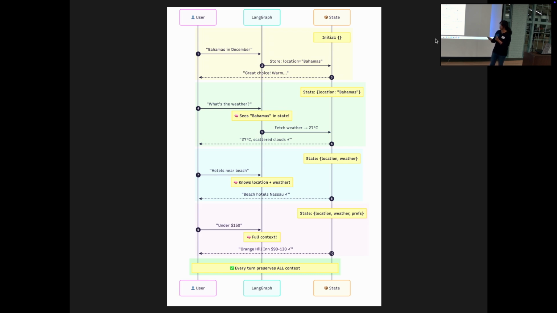It's able to identify that, and it's also able to see what the weather is, because that's the user's next question. Then it was also able to remember the preference, which hotels near Nassau were the ones the user liked, so it stored that. Finally, it was able to zero down and give Orange Hill Inn as the hotel which satisfies all of these 4 criteria.